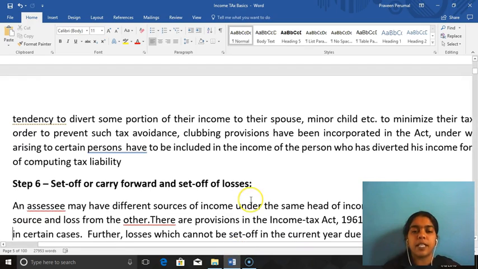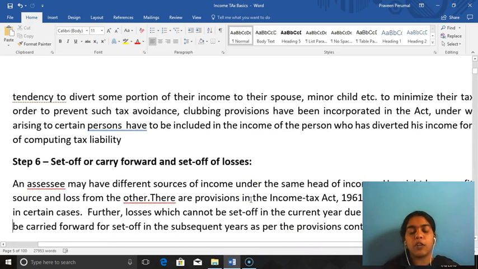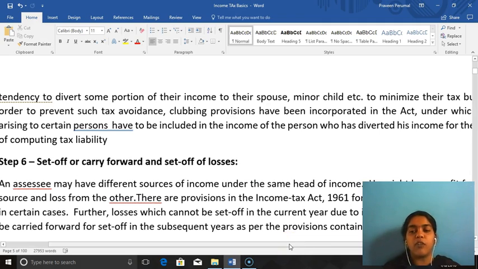In order to prevent such tax avoidance, clubbing provisions have been incorporated in the Act. The government finds out whether that income pertains to that particular person or not. If it belongs to someone else, and is just channelized in order to avoid tax, the person channelizing has to pay the tax, and cannot avoid it. By diverting the income to the spouse or minor child, a person should not reduce his tax liability.